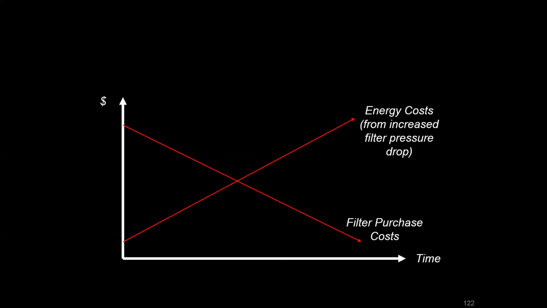So if we look at it this way, we can understand that there's some competing interests that we have. On the one hand, we may want to delay buying new filters as long as possible to reduce our overall expenditure for buying filters. But on the other hand, the longer that we wait, the more these filters load up, and the higher pressure drop we have associated with them that translates into more fan energy.